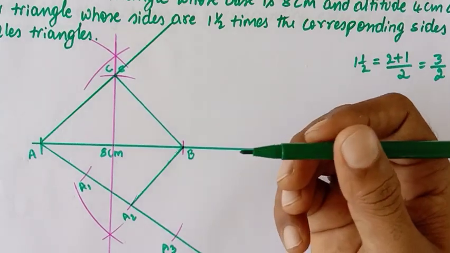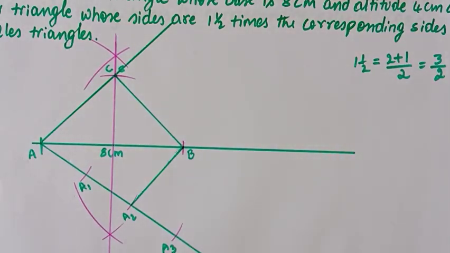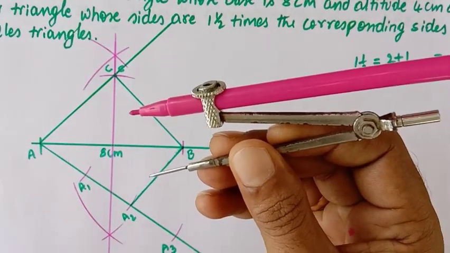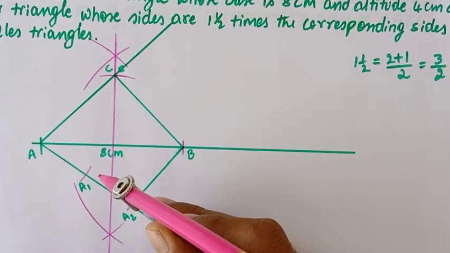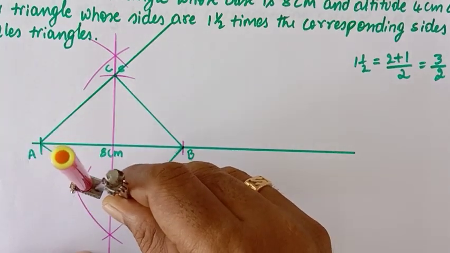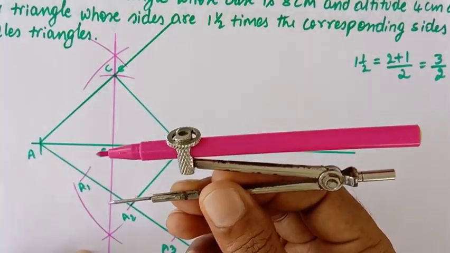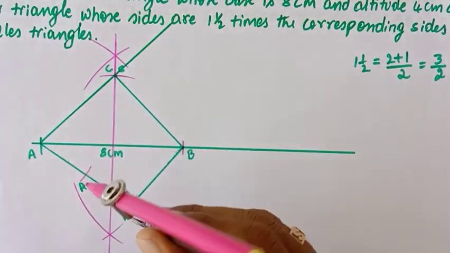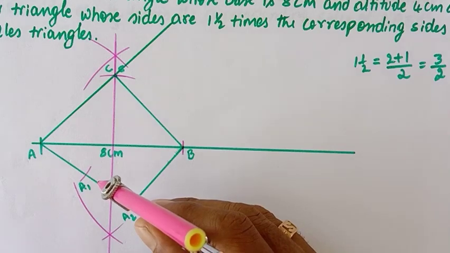and next what I have to do is I will take my compass with a pen and I will draw an arc from A2. I will be drawing any length. It is not a fixed length. You can take any length, but it should be precise. It should be suitable.